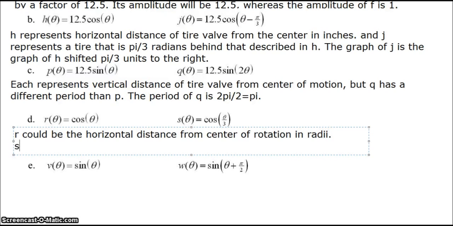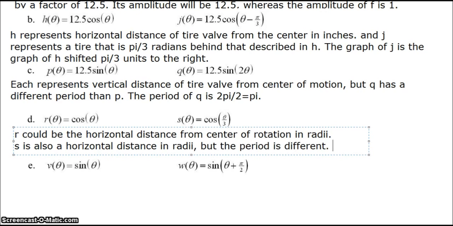And then S is also a horizontal distance in radii, but the period is different. The period of S is 2 pi divided by 1/3, which is 6 pi.